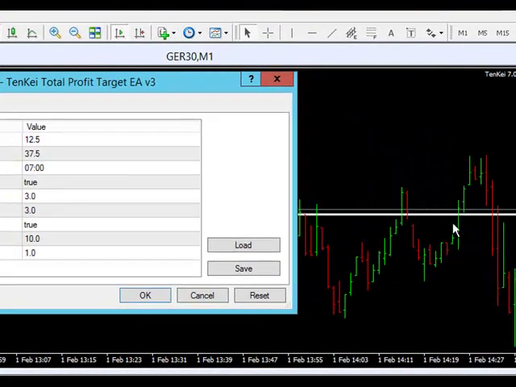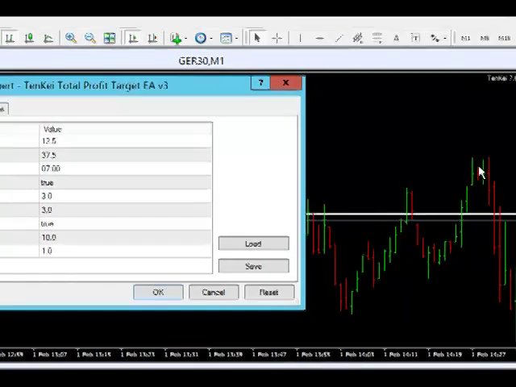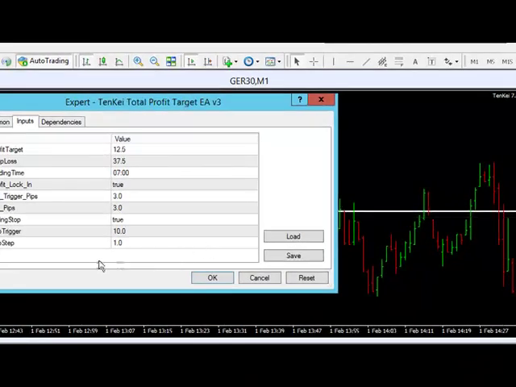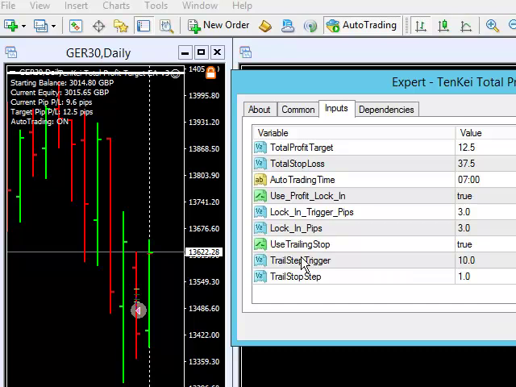Would you want the market to go up 50 points and come back down and lock you out with 3 pips? No, you wouldn't. You'd want to capture some of that movement, which we shall cover in the use trailing stop in the next section.